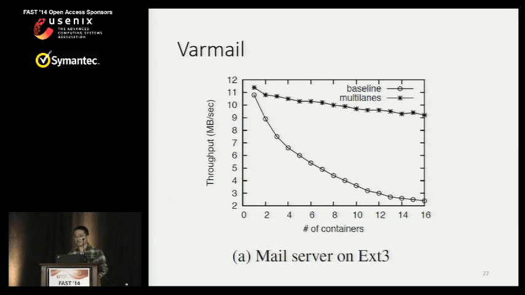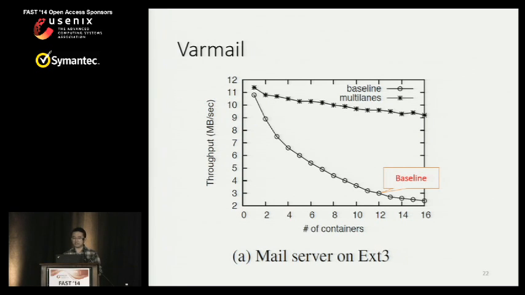Now, we use the application-level benchmark FileBench varmail to evaluate MultiLanes against the baseline. We can see that with the increased number of containers, the throughput of the baseline significantly decreases. In contrast, MultiLanes exhibits nearly null scalability loss with the number of containers and outperforms the baseline.